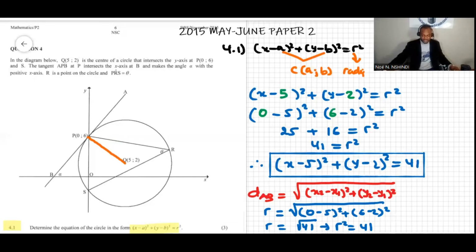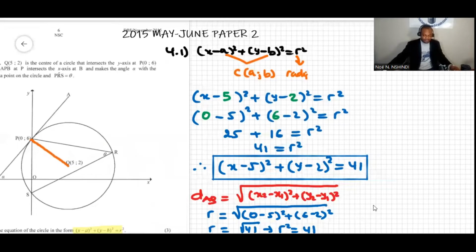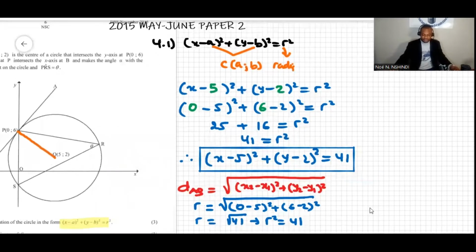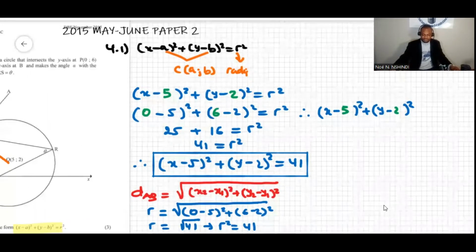Now we can find the equation, which is (x minus a) to the power of 2 plus (y minus b) to the power of 2, by substituting the coordinates of the center, which is (5, 2), equal to 41.